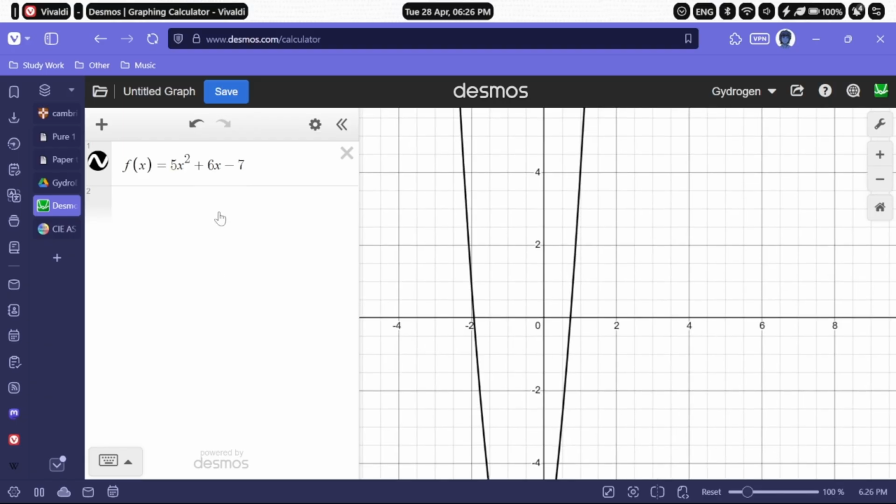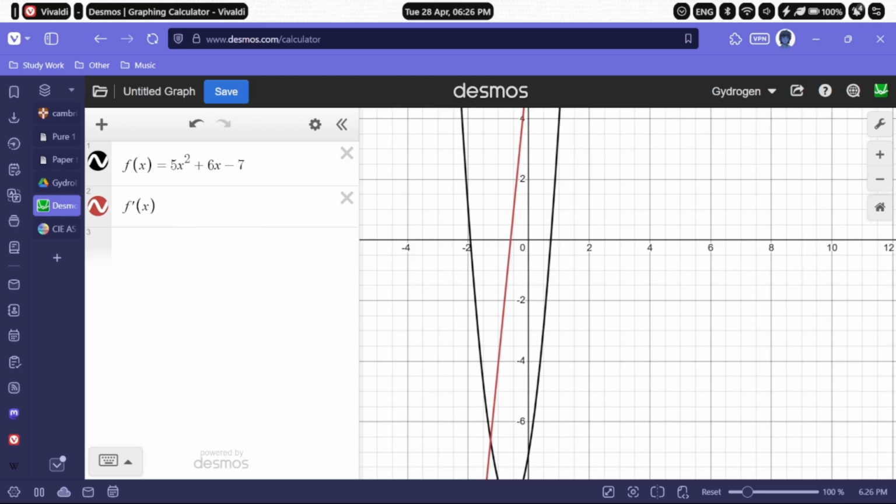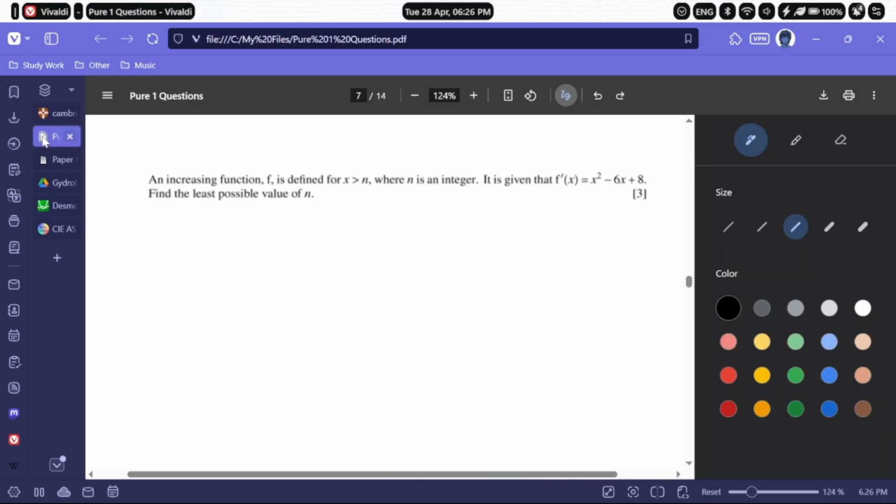This is going to be your f of x. Hold on, let me see. Yeah, you can find out the derivative now. Your derivative would be a linear function, right? Because when f of x is, I'll just write that over here, when f of x is, for example, cubic, and this is important because you might have to do sign diagrams and stuff when you're working with questions like these.